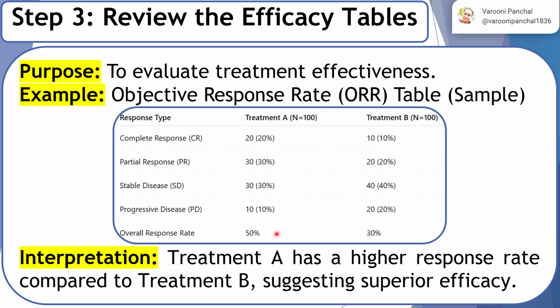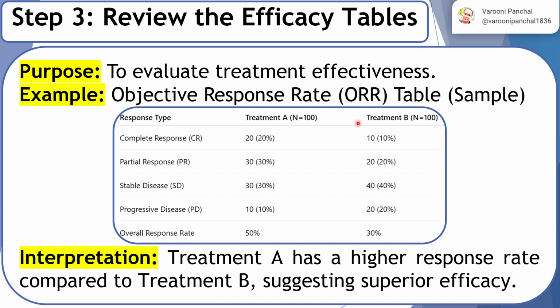Now the next thing is progressive disease. What do you think? It should be the opposite of complete response? Yes. So here the progressive disease, the disease has progressed to other parts of the body, right? For treatment A the number is 10, and for treatment B it is 20, right? So when treatment A is consumed, the disease has not progressed in most of the patients, only 10.